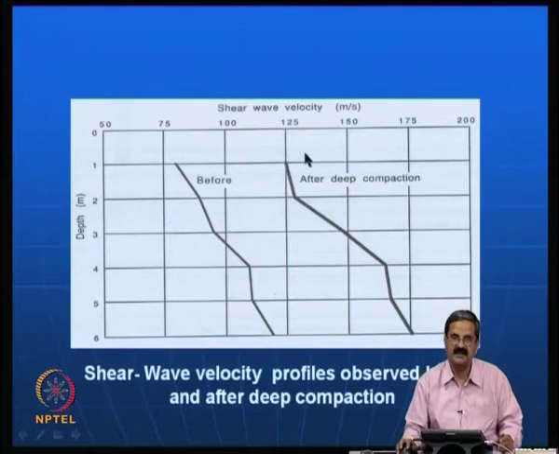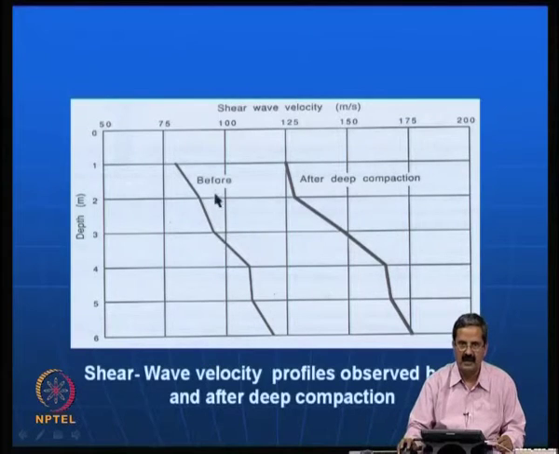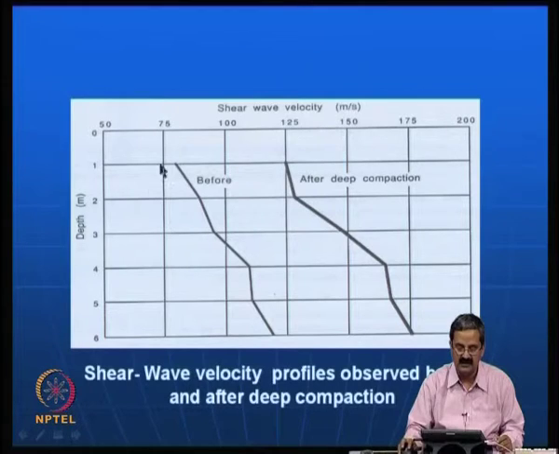So, you can see the difference here: before dynamic compaction, the E value and the shear wave velocity values are like this, whereas after deep compaction it can be like this.